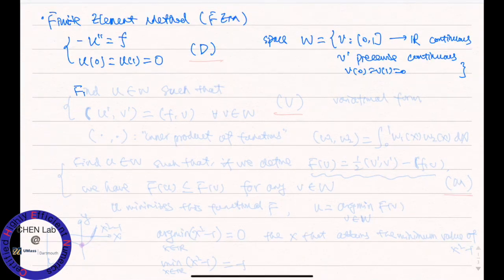That form is: find a function u in the space W. There are infinitely many functions in the space W. Find the one such that, using a notation like the inner product for vectors, (u', v') is equal to (f, v). And this is true for any v in the space W.